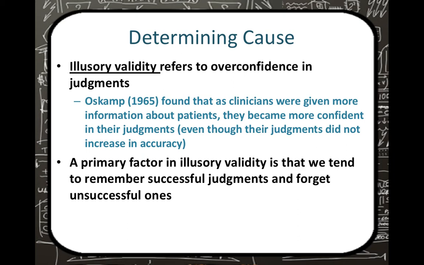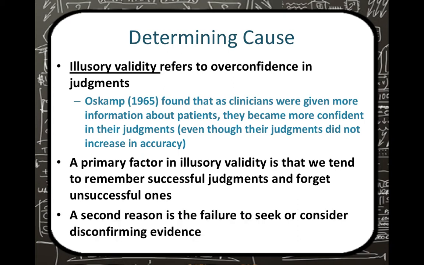A second reason for the illusion of validity is the failure to seek or consider disconfirming information. All right, so this goes back to what we've talked about in the past in terms of confirmation bias, right? We tend to ignore information that is contrary to what we believe, or we tend to not seek out information that's contrary to what we believe.